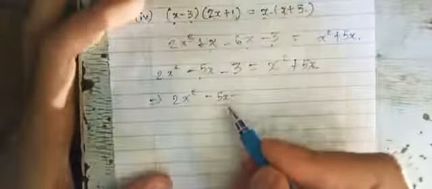So 2x square minus 5x minus 3 minus x square and minus 5x is equal to 0. 2x square minus x square will become x square. 2 minus 1 is what? 1. So 2x square minus x square is x square. Minus 5x minus 5x will become minus 10x. Minus 3 will remain as it is, and it is equal to 0. So the equation we have, x square minus 10x minus 3 equal to 0, is a quadratic equation.